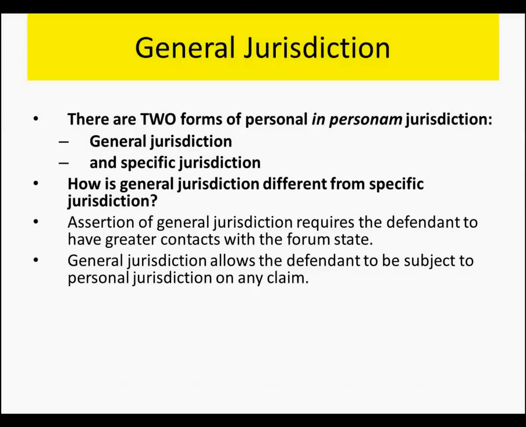And so this allows you to bring a great multitude of different types of claims against the defendant in this particular forum because their contacts are so significant, there's so many, that it doesn't matter that there's not a relationship between the claim and the contacts. Of course, you could still assert general jurisdiction and have the claim relate to the contacts. It's just that it's not required.